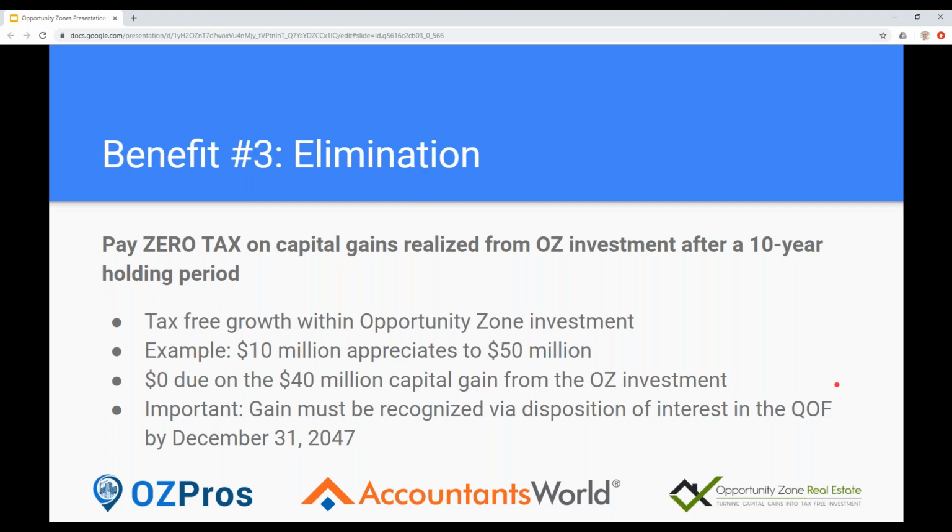That's normally a very large tax bill. But in this case, since you were invested in a qualified opportunity fund that checked all the boxes and met all the compliance, you pay $0 so long as your gain is recognized via a sale by the end of 2047, which is the date that the IRS has currently pegged as the end of this program.